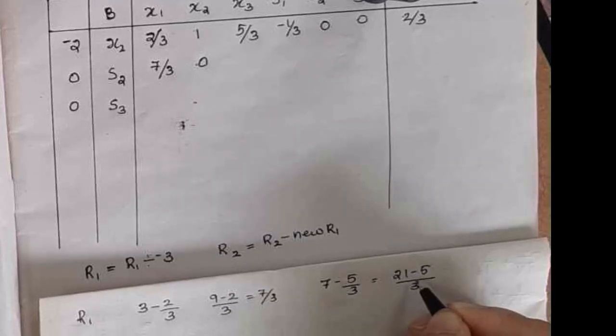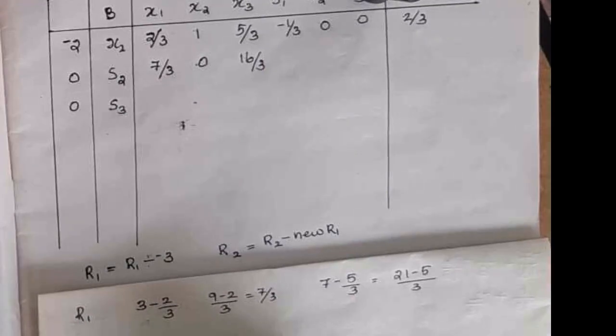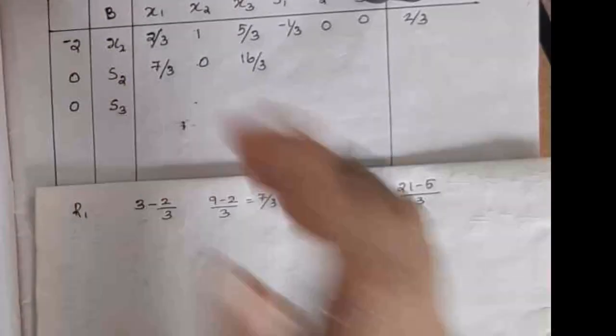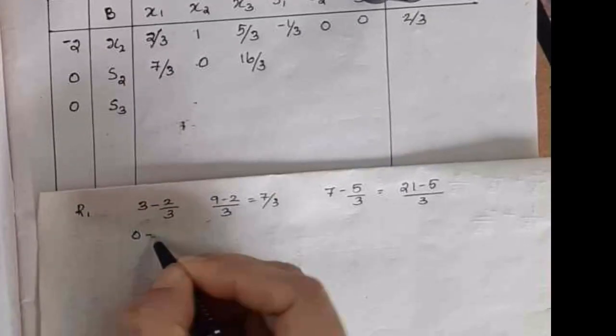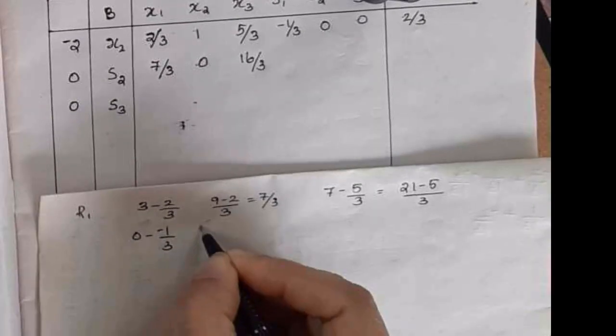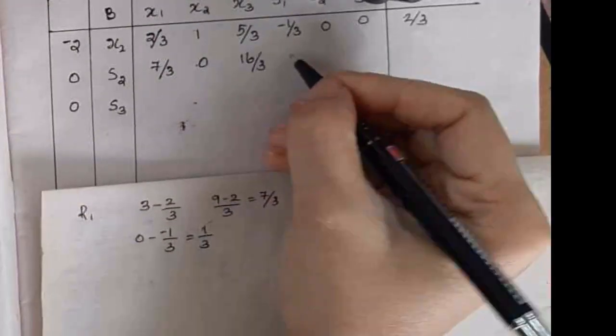How much is this? That is 16 by 3. Then next value 0 minus of minus 1 by 3, that is equal to 1 by 3. So I'll write here 1 by 3.